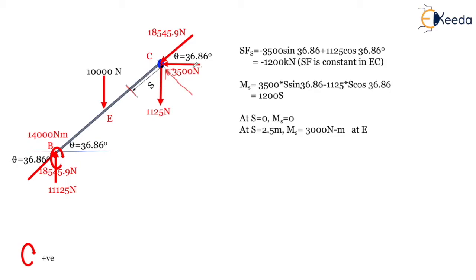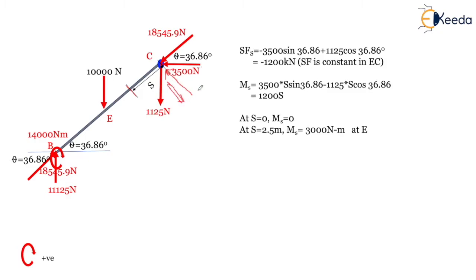To get the component perpendicular to this beam, we can write 3500 sine of 36.86, or in the form of 3 by 5, which will give the vertical component. And 1125 cos of 36.86. So for both of these we have to see the component.